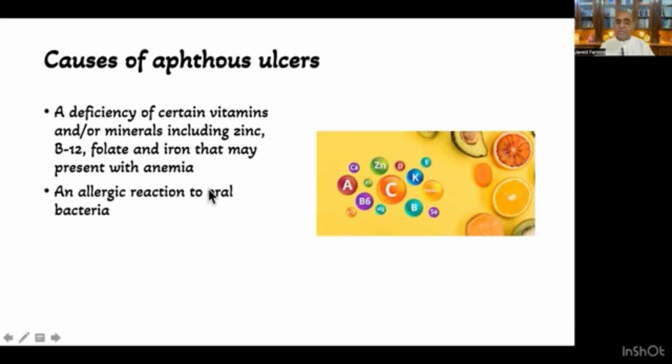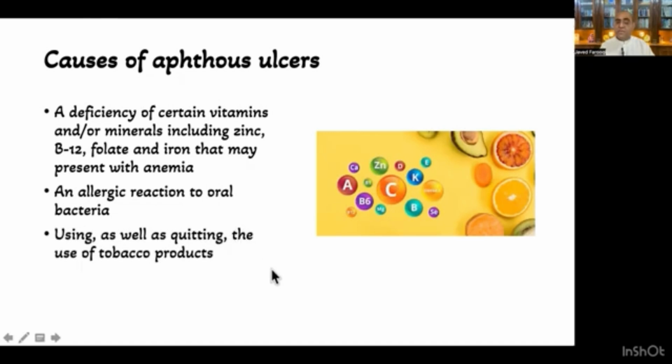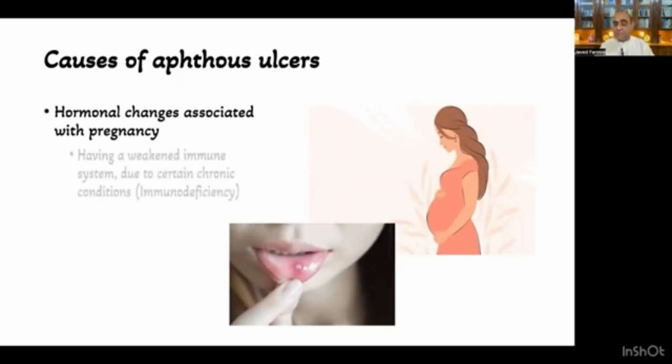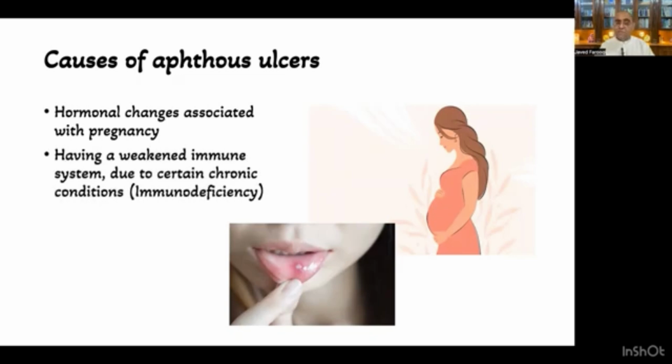An allergic reaction to oral bacteria is another cause. Using as well as quitting the use of tobacco products is again associated with Aphthous ulcers. Then hormonal changes associated with pregnancy, and having a weakened immune system due to certain chronic conditions like immune deficiency.